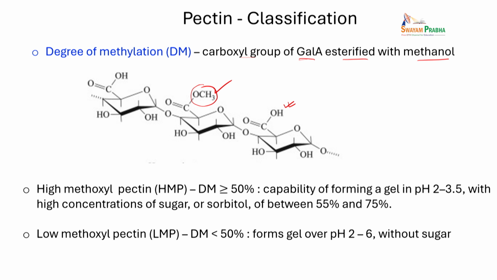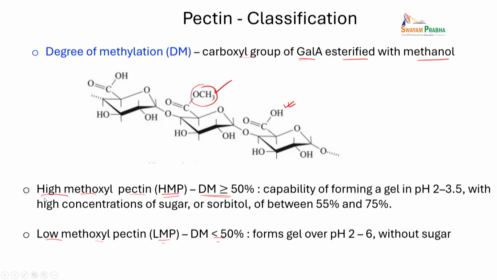So broadly speaking, you see something called high methoxy pectin, or HMP, or low methoxy pectin, called LMP, depending upon whether the degree of methylation is above 50% or below 50%. Now, depending upon the extent of esterification, the physical properties can be quite different.